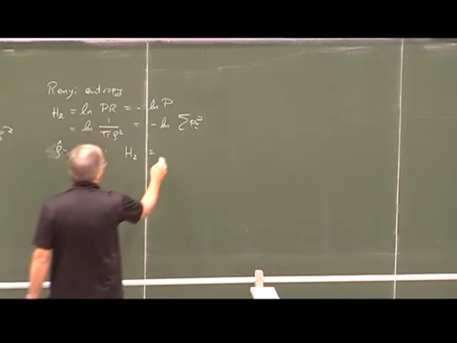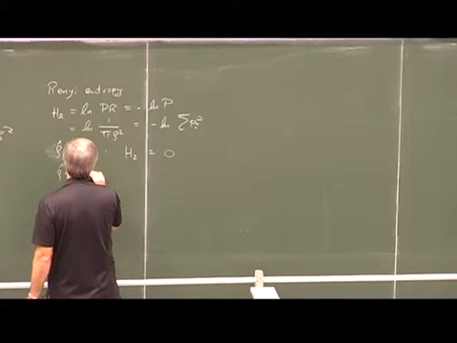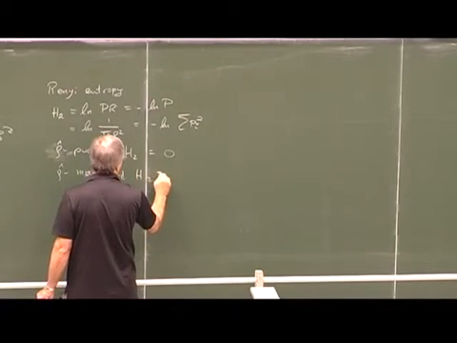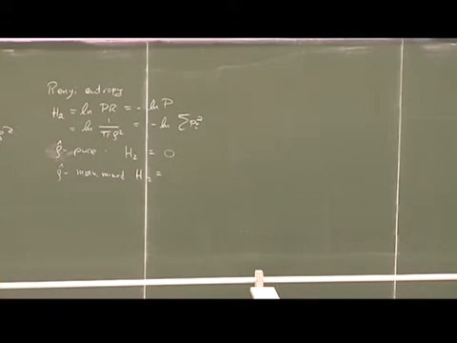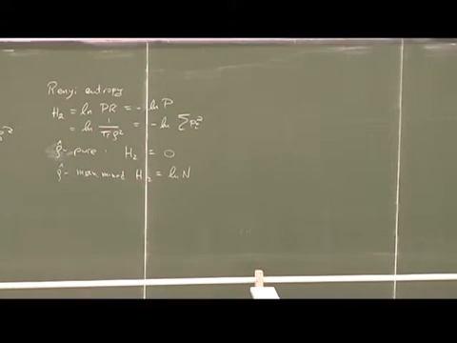And for maximally mixed, log n, right? So you see it gives the same answers as the von Neumann entropy. In other cases, it gives slightly different answers, but it has the same conceptual content, and it's much easier to calculate.